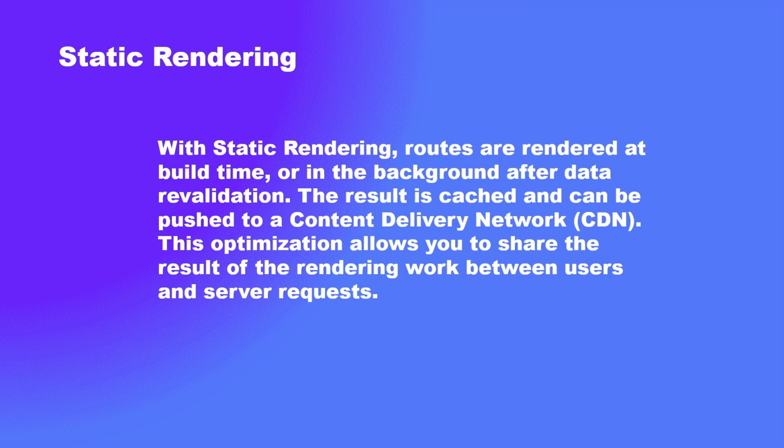The result is cached and can be pushed to the content delivery network. The results of an API will be cached and stored. So the performance will be enhanced. This optimization allows you to share the result of the rendering work between users and server requests.